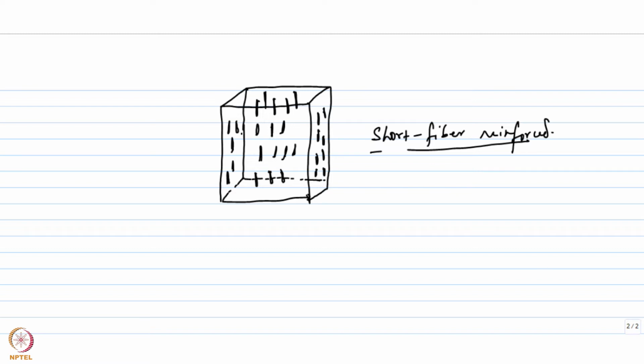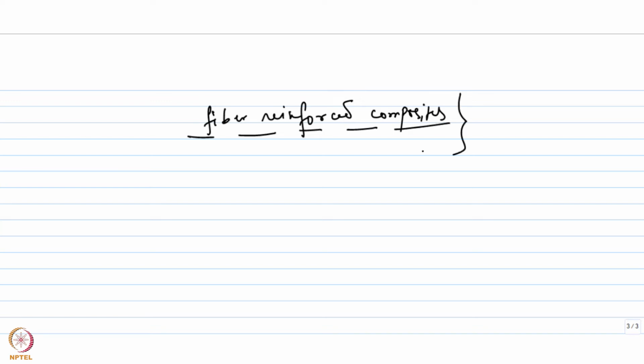Now when you talk about the properties of composite materials, the type of the reinforcement will also play a role, especially with fiber reinforced composites. Because here, since the fibers are aligned in a particular direction, depending on the direction of the loading with respect to the fiber alignment direction, the properties may change.